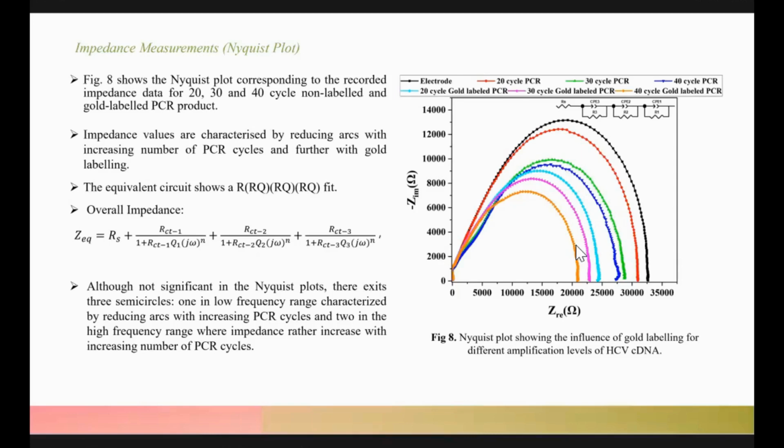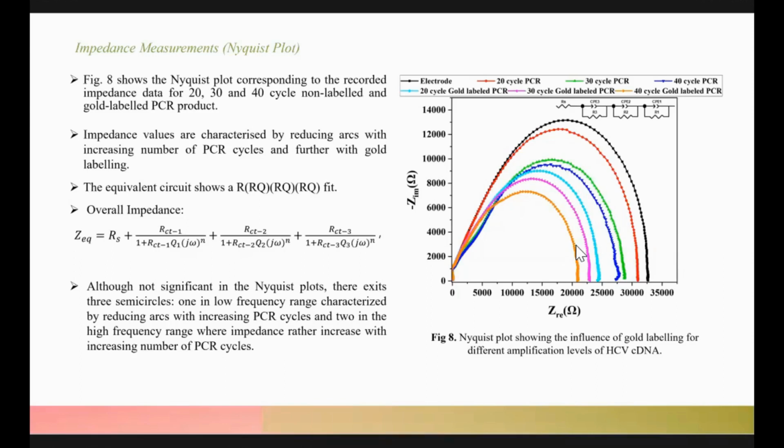One thing to note is the very high frequency region, which corresponds to the bottom left corner of the graph, where we can see there is some anomaly: the impedance is rather increasing with increasing number of PCR cycles. That can be explained by the fact that because the frequency is very high, the time available for DNA hybridization was very low.